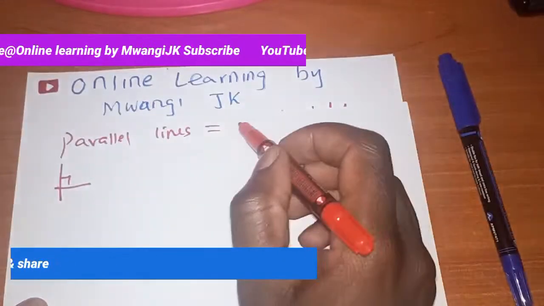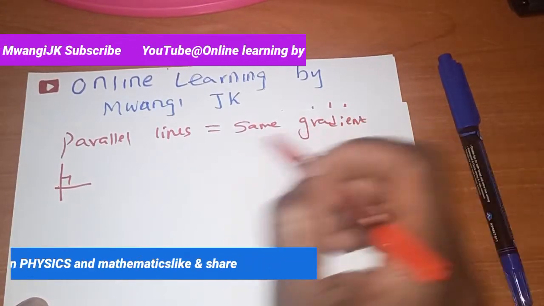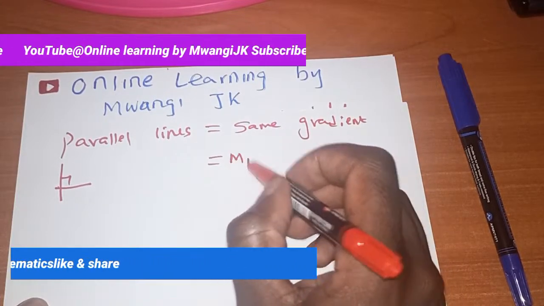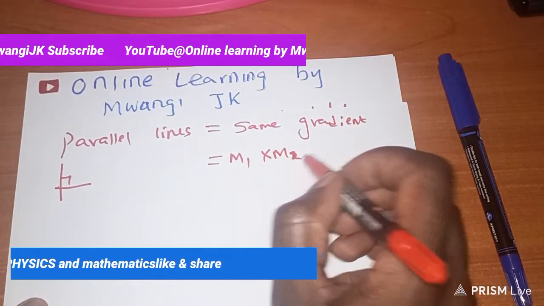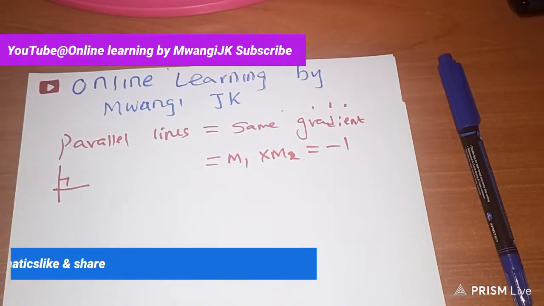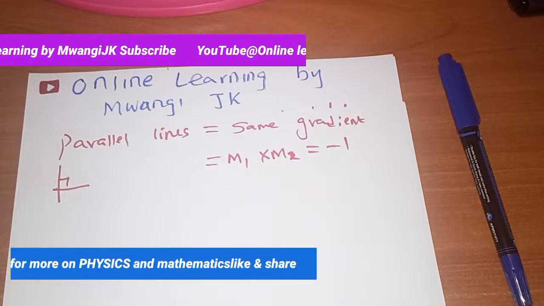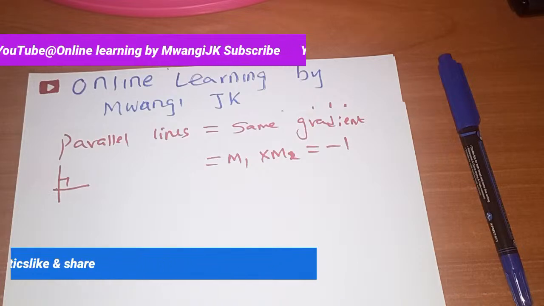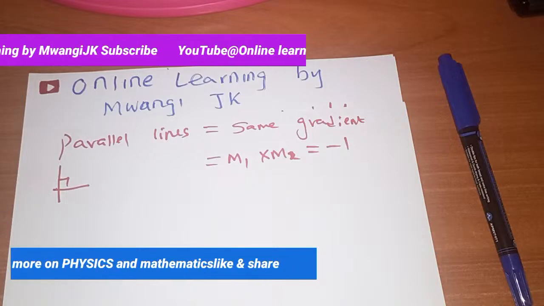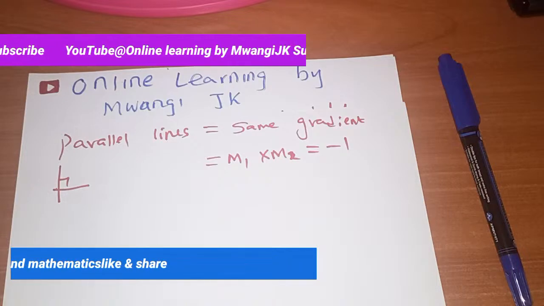Parallel lines have the same gradient, while perpendicular lines have the product of their gradients equal to minus 1. These will help us solve problems that involve parallel and perpendicular lines. And I have a question that involves that part about parallel and perpendicular lines.